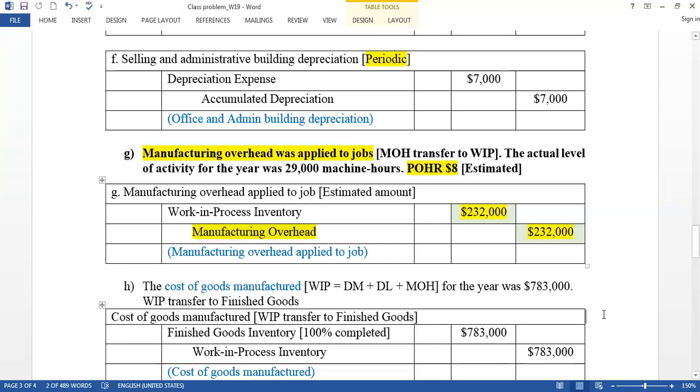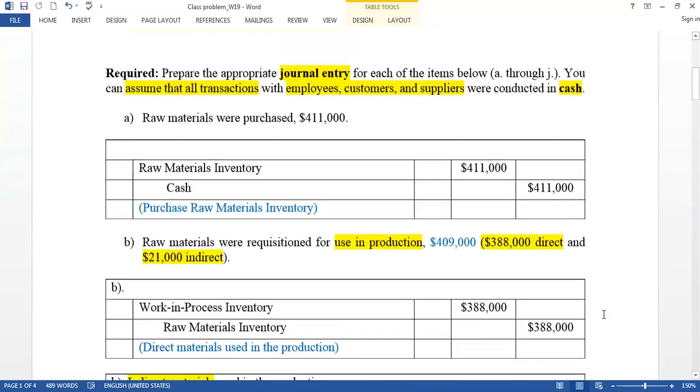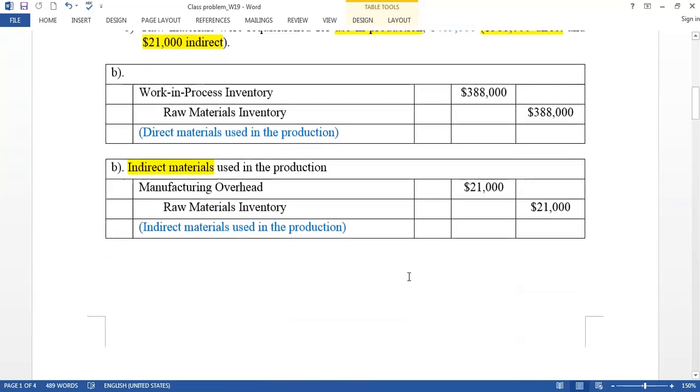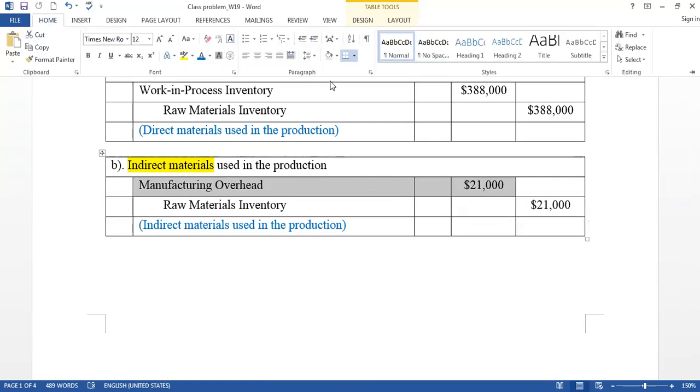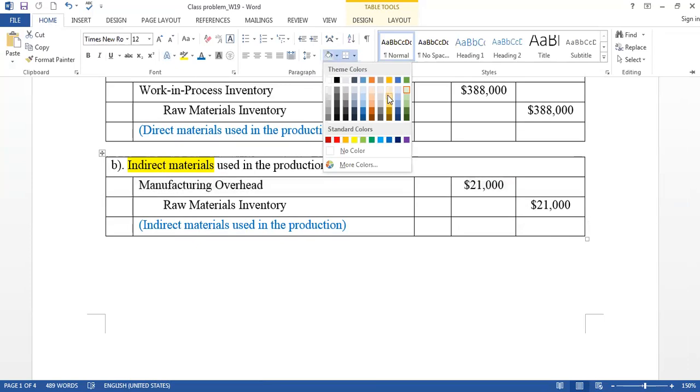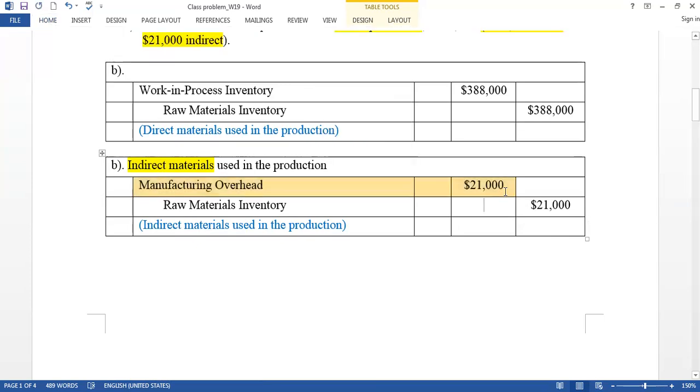Now you can see that from the very beginning, look how many manufacturing overhead costs we have. Manufacturing overhead debit means this is the actual number. So we find $21,000 debit. I repeat again, manufacturing overhead debit means this is actual.